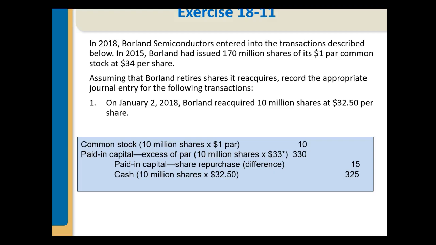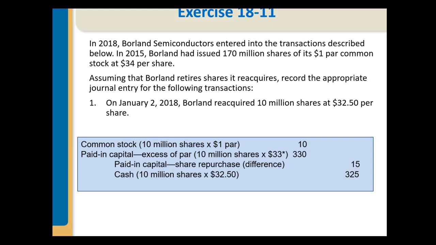So we're going to debit our common stock for only the par value, 10 million shares at $1, so $10 million. The paid in capital in excess of par, since they were issued at $34 a share, the 34 less the par is 33 a share. So the paid in capital in excess of par is going to be $330.